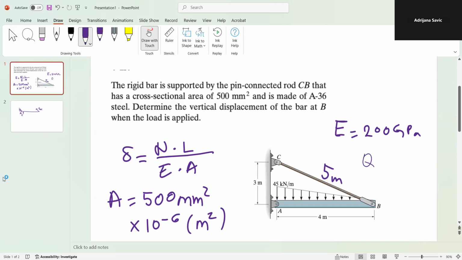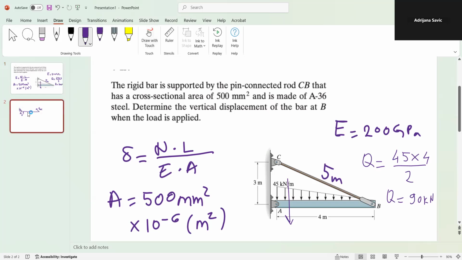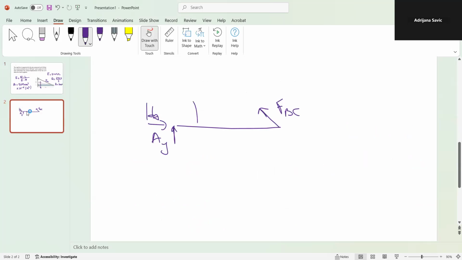So our Q force is 45 times 4 over 2, which means Q is 90 kilonewton. We have that force at 1/3 from the right angle, so this distance is 4/3.